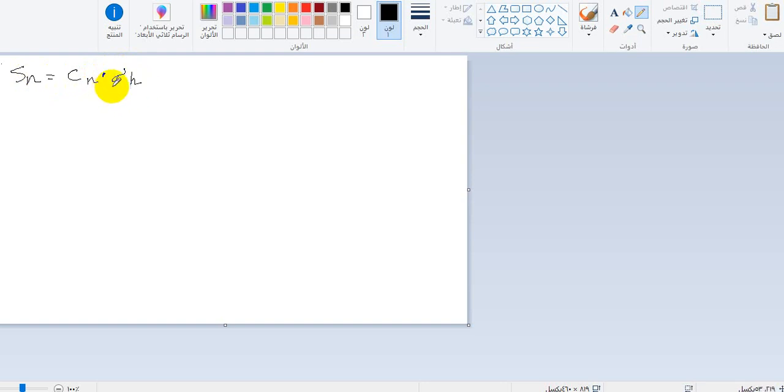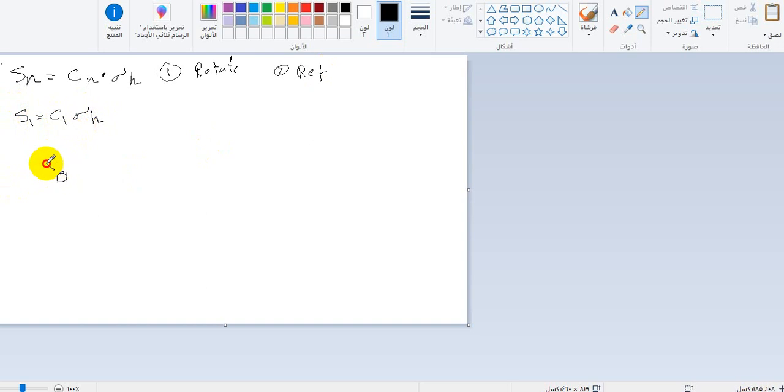You have two steps: rotate and reflection. Okay, S1 is equal to C1 sigma h.